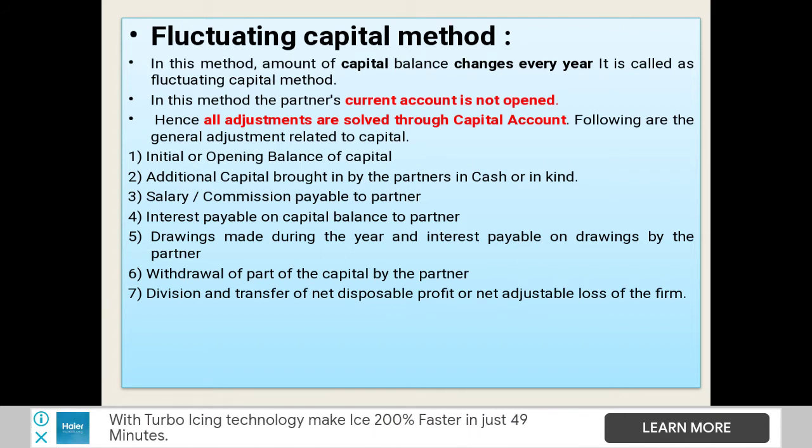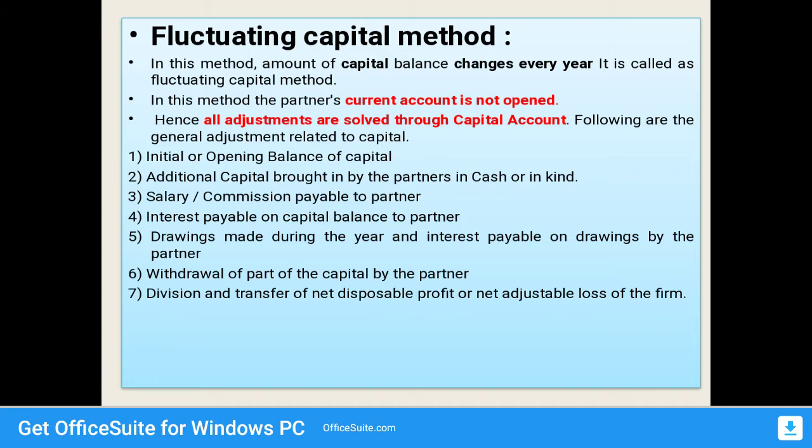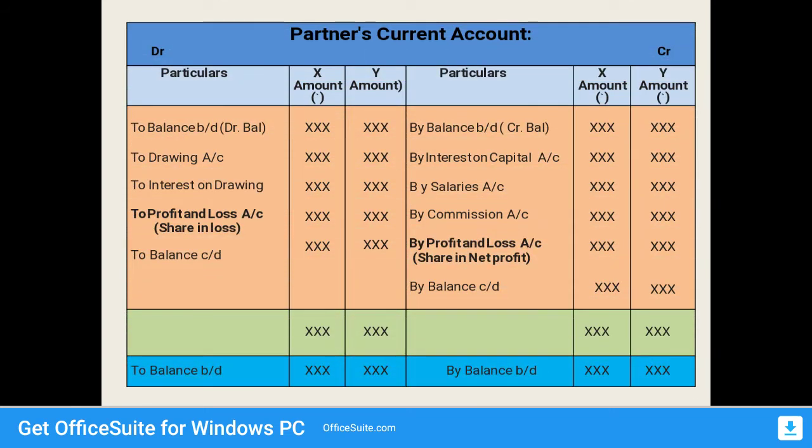Opening balance of capital, additional capital brought in by the partners in cash or in kind, salary and commission payable to the partner, interest payable on capital balance of the partner, drawing made during the year, interest payable on drawing, the partner's withdrawal of part of the capital, and disposable profit or net adjustable loss of the partner.